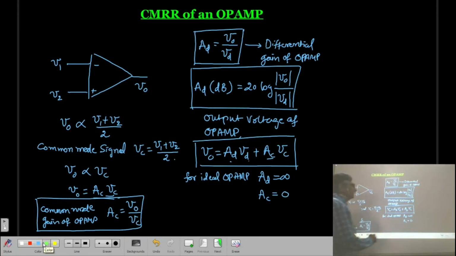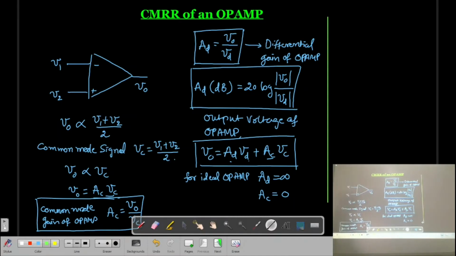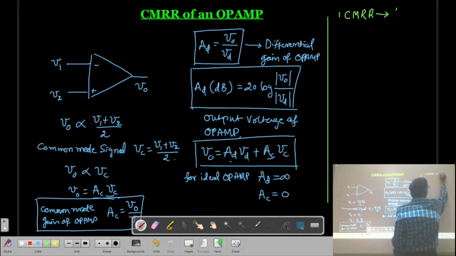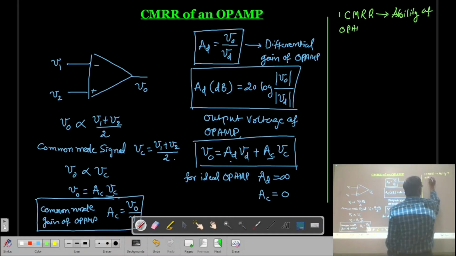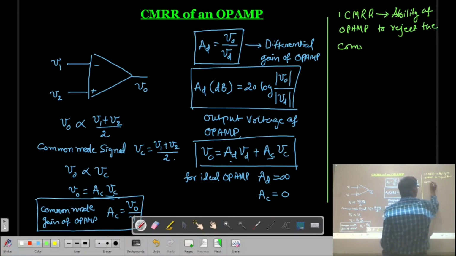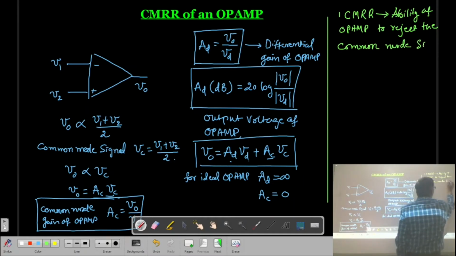So here we can define the CMRR, that is representing what? Ability of operational amplifier to reject the common mode signals.